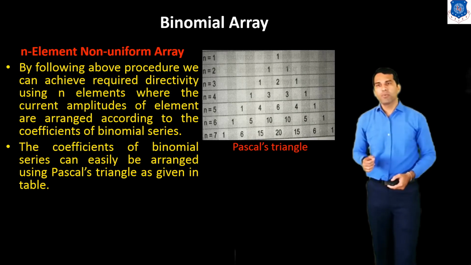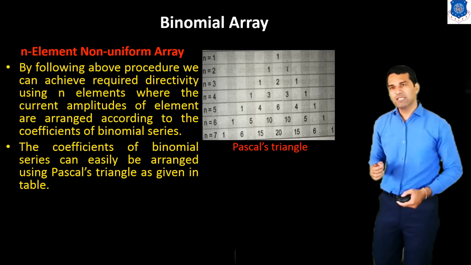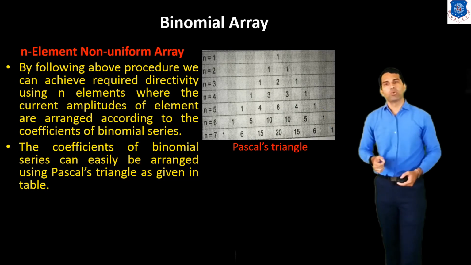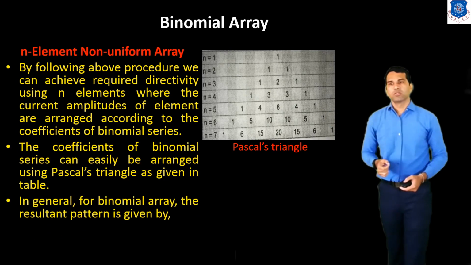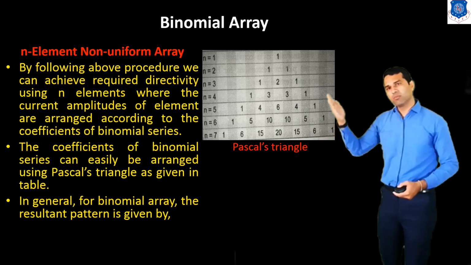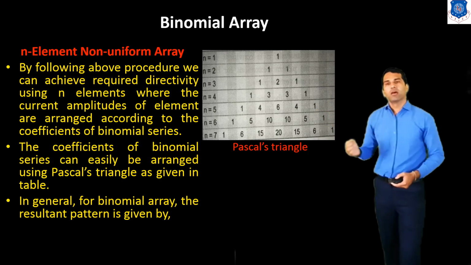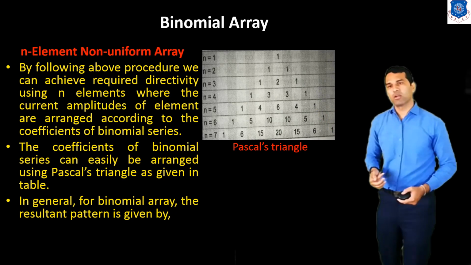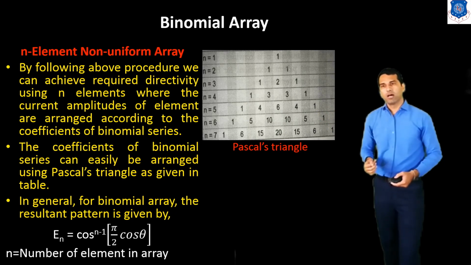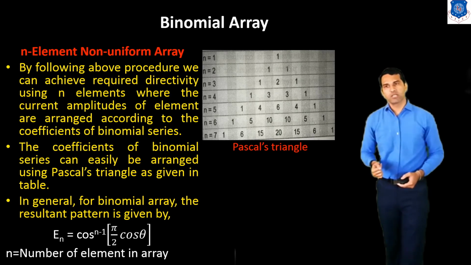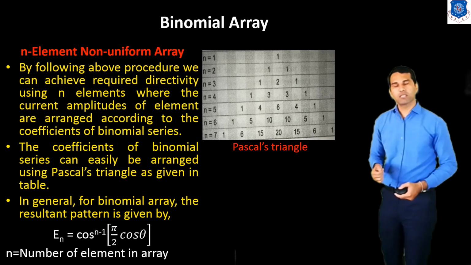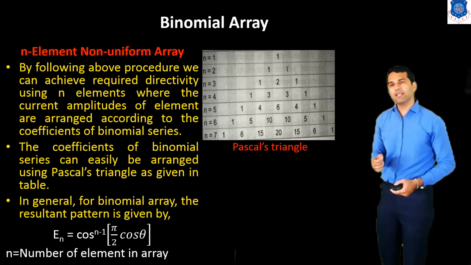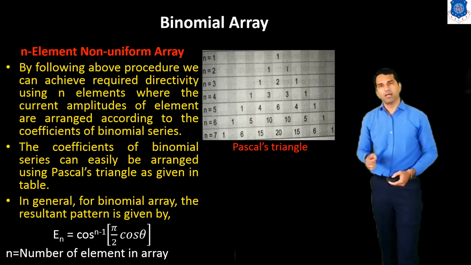The coefficients of the binomial series can easily be arranged using the Pascal triangle as shown in the figure. So we can arrange the ratio of the currents using this Pascal triangle for n equals 1, 2, 3, 4 and so on. The resultant equation we can write as En equals cos to the power n minus 1 of pi by 2 cos theta, and here n indicates the number of elements in the array.